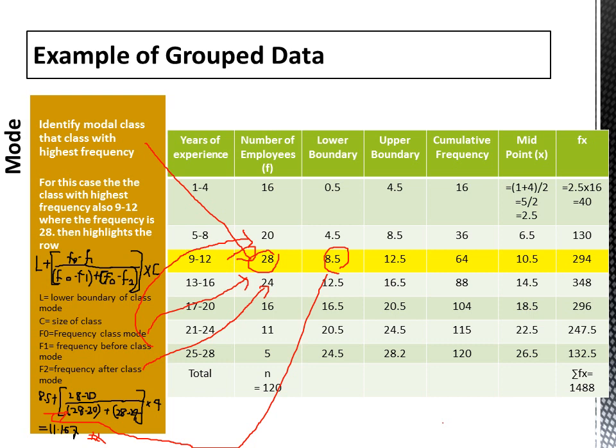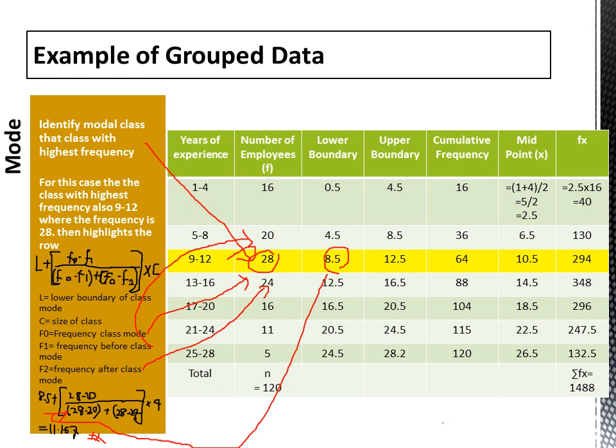Then we write the formula, because for grouped data, to calculate the mode we need to use a formula. The formula is L, the lower boundary of the class, which is 8.5, plus F naught minus F1. F naught is the frequency of the mode class, which is 28, minus F1.